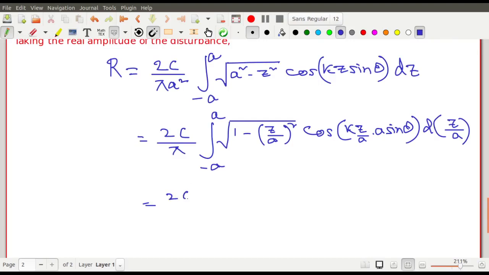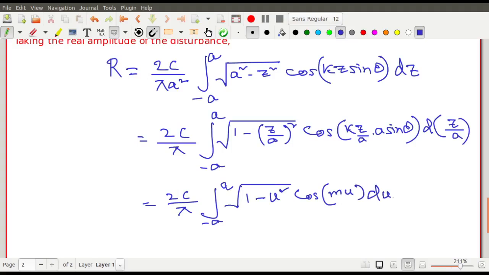Come to this. Twice c by pi, integral of minus a to plus a, root of 1 minus u squared, cosine of mu, du.